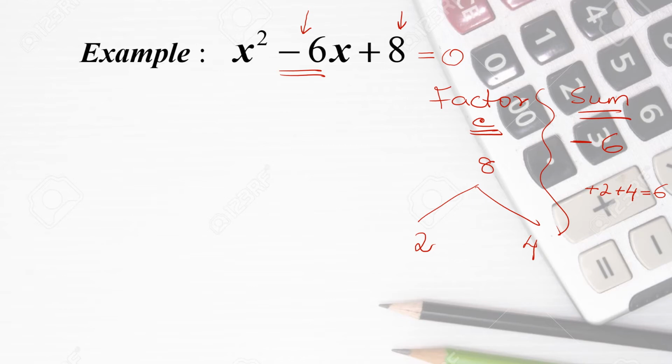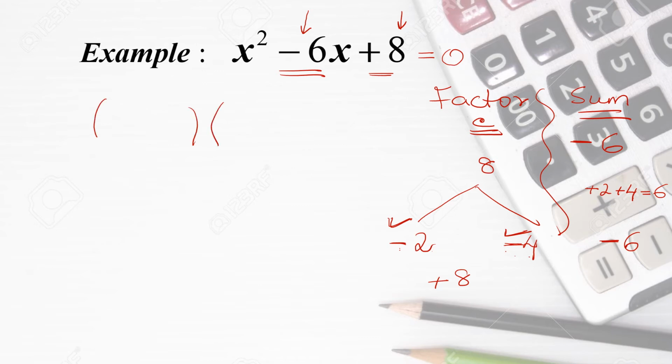And if I write here negative 2 and negative 4, I know that negative times negative is positive, and 4 times 2 will give you positive 8. And if you add negative 2 and negative 4 in your head, you get negative 6 as the sum. So you have the two factors in the right condition, that means negative 2 and negative 4.